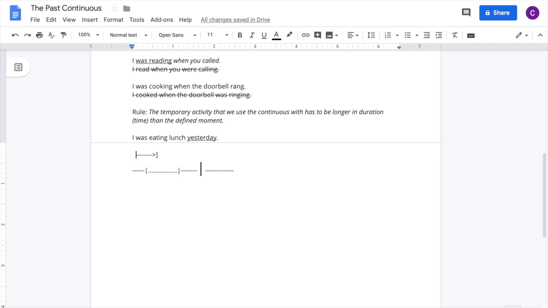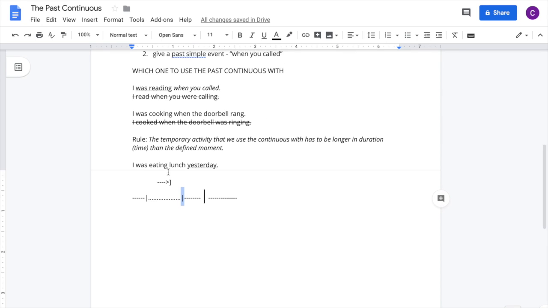Let's move this first. So here's when we wake up. We eat breakfast. We do something until lunchtime. Then we eat lunch, and we're eating lunch up here. And then the day goes on, and then here's the end of the day.